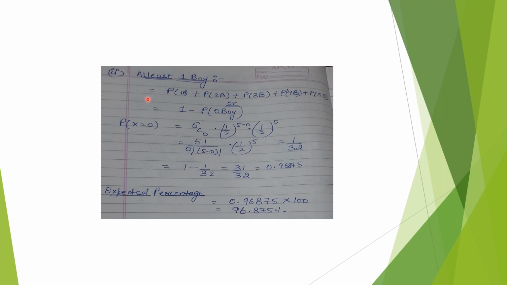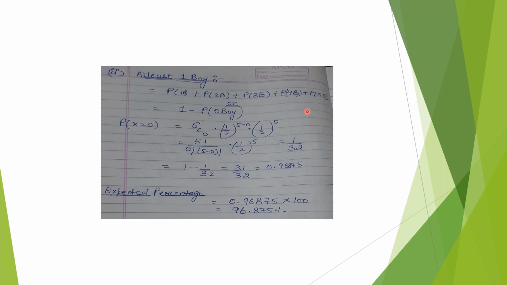Each family is having 5 children, and out of these 5 children, we have to calculate the probability of at least one boy. At least one means there must be one boy, or 2 boys, or 3 boys, or 4 boys, or maximum there can be 5 boys in a family with 5 children each. So we have to calculate the probability of at least one boy.